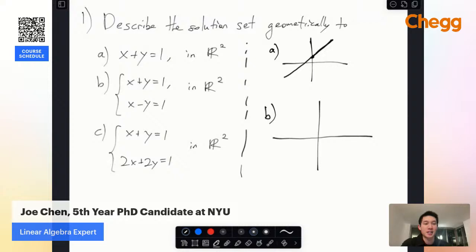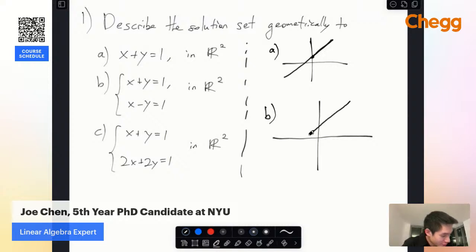I'll give people a few seconds to think about this. 5, 4, 3, 2, 1. So perhaps you've guessed that with two lines, the intersection, the solution set, will be a single point. Let's draw it so we have a visual.